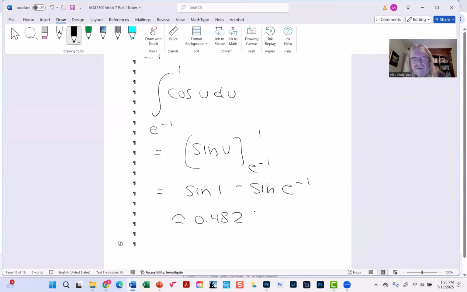I'm going to double check that real fast. So sine 1 is approximately 0.8415 and sine e to the -1 is about 0.3596.